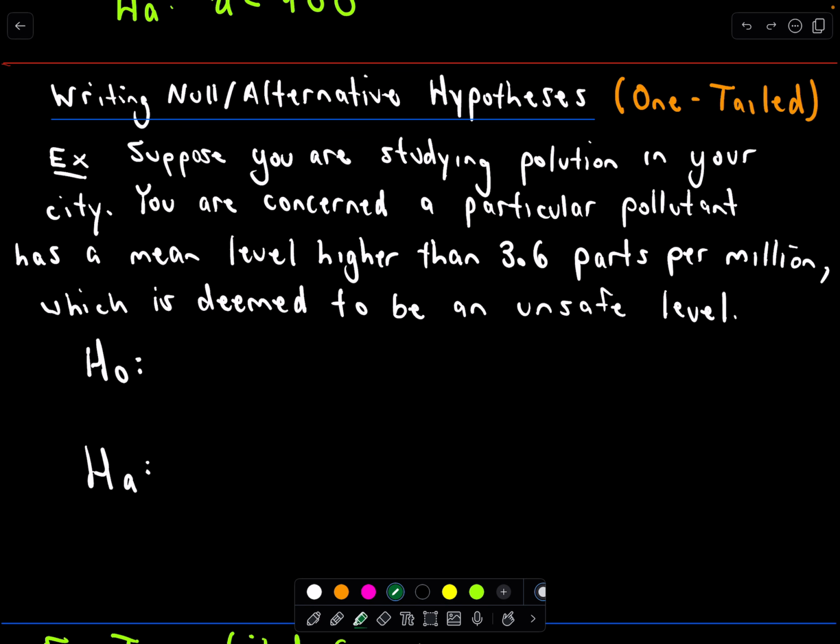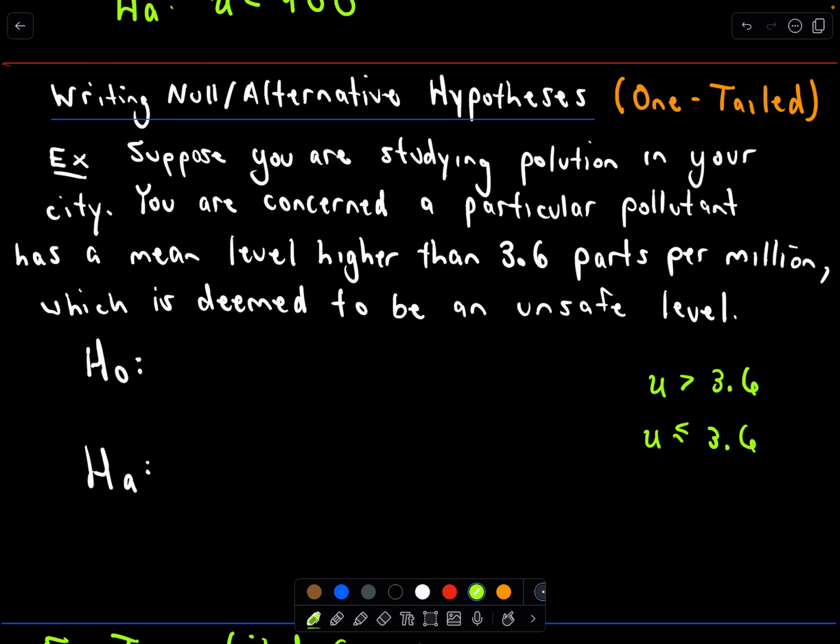So we've got these concerns, right? There's one concern, let's look at this one, that the mean is greater than 3.6. That would be your concern. And the other option would be, well, if it's not greater than 3.6 parts per million, it's going to be less than or equal to 3.6.